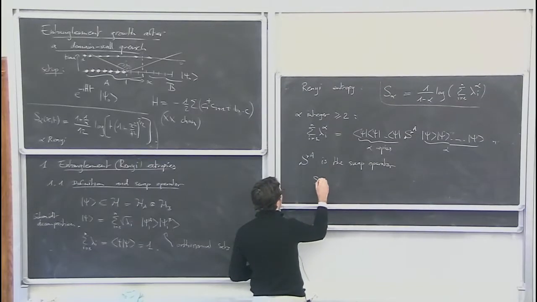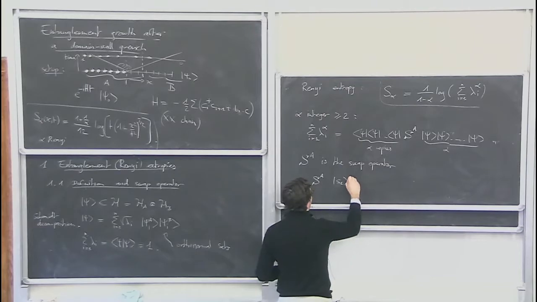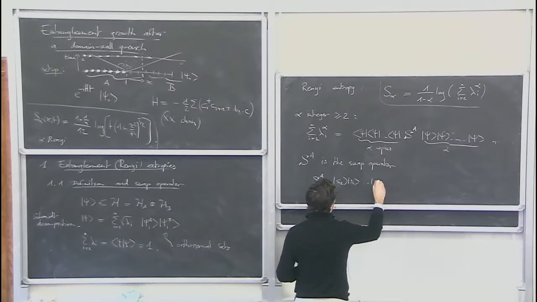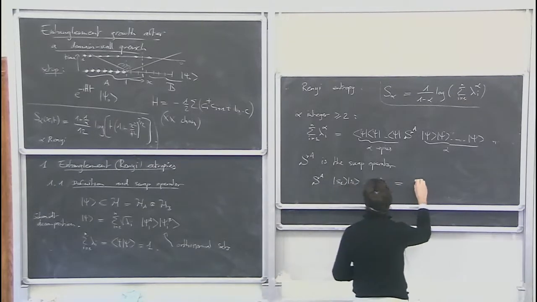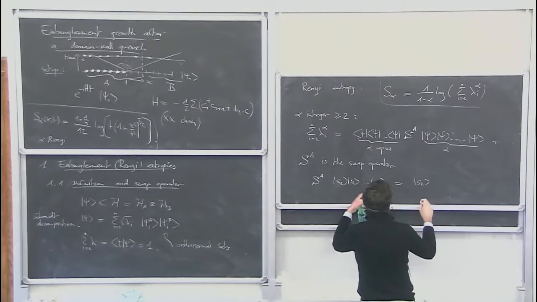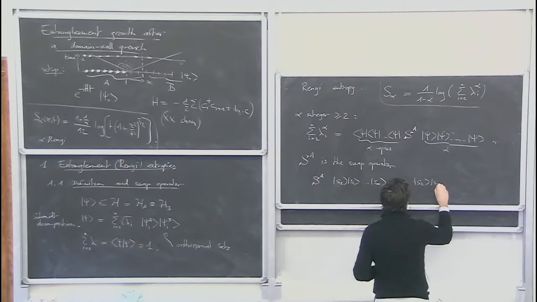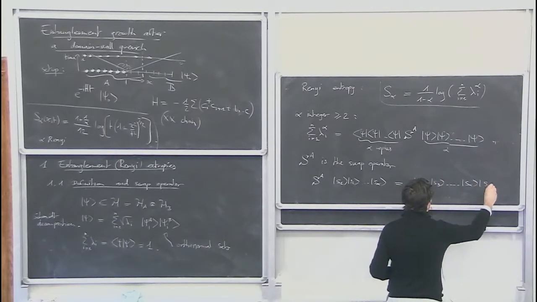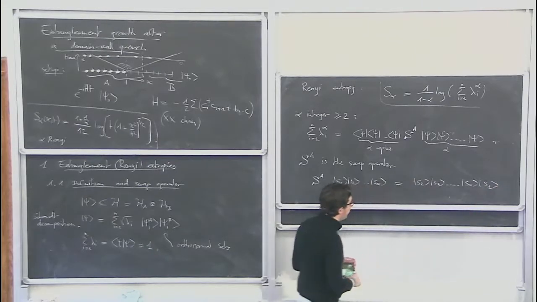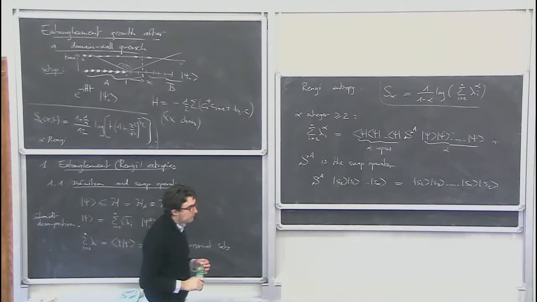If I have some state that lives in some product state for the alpha different copies, then the swap operator acts as a cyclic permutation on them. So it replaces S1 by S2, S2 by S3, and so on, up to S alpha, and then it puts S1 in the end.